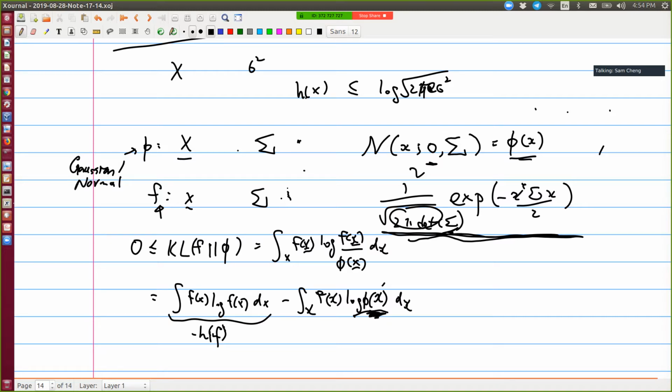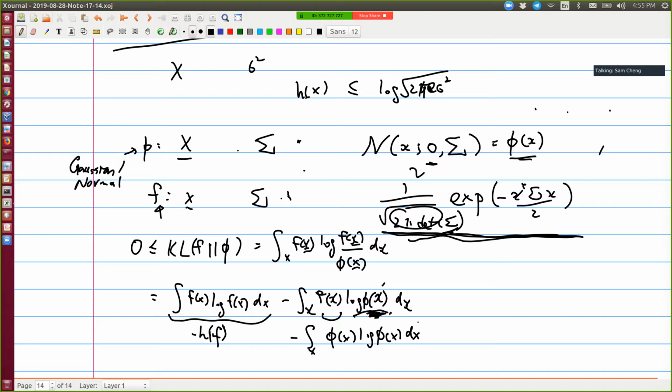So since log phi x here, this function only depends on the covariance, I can claim that if I change this average, I mean basically I'm doing an expectation of log phi x over the distribution of f, right? But this will be the same as I find x log phi x, right?